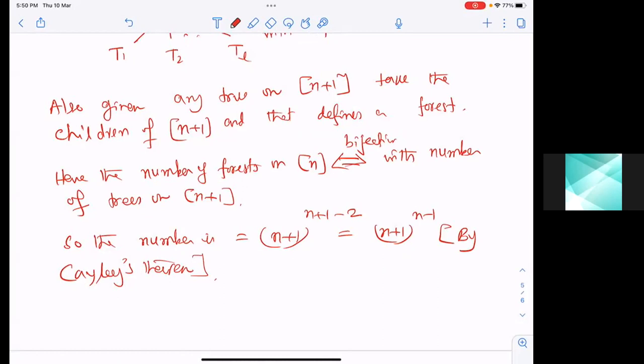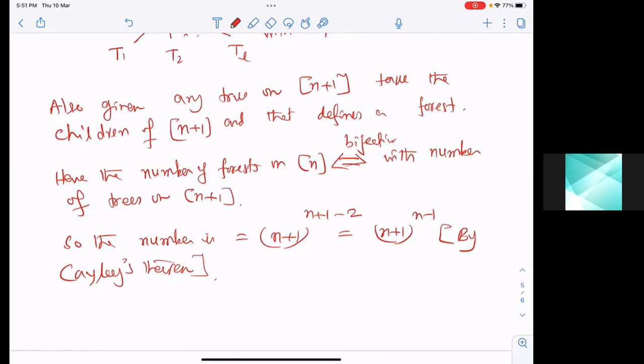So what I was thinking was: let's take a rooted tree on n plus 1 vertices. One of them will be the special status vertex, and all the children will branch. All the different branches will be assigned as trees, and that will give us a forest on n vertices.